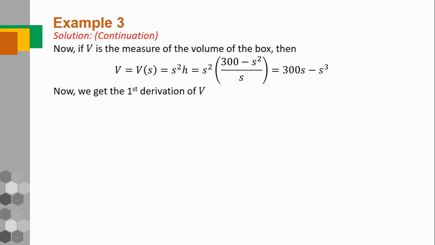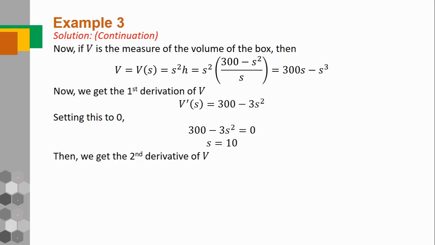Now, we get the first derivative of V. That's V prime of S equals 300 minus 3S squared. Setting this to 0, 300 minus 3S squared equals 0 will give us S equals 10. Then we get the second derivative of V. That's V double prime of S equals negative 6S.